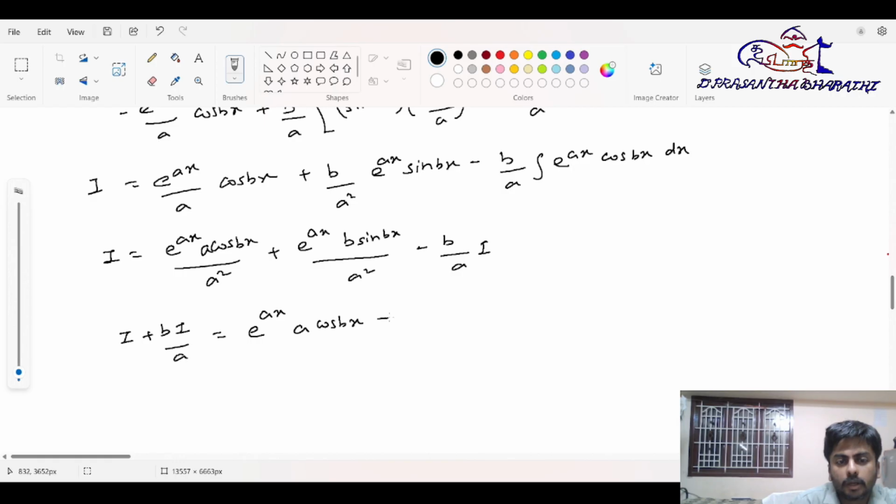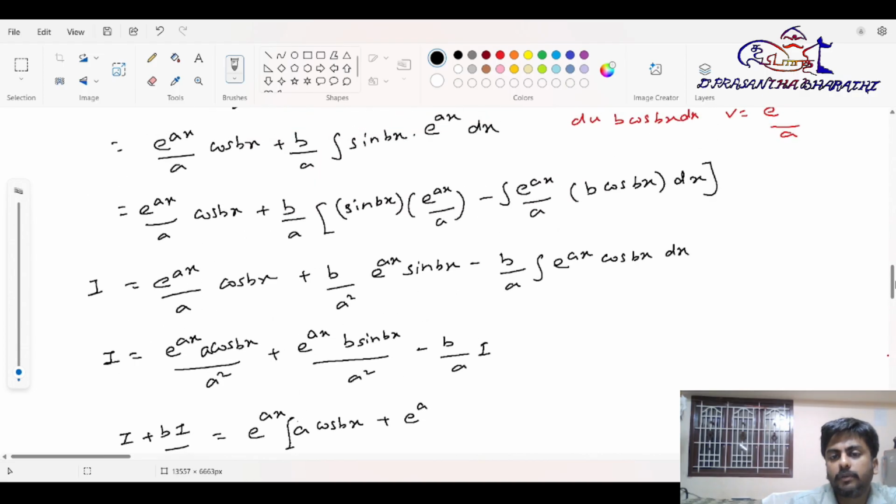Plus e power x is common. Here you have to check whether any b square is coming or not. Yes, it is, b is multiplying here, b by a square.